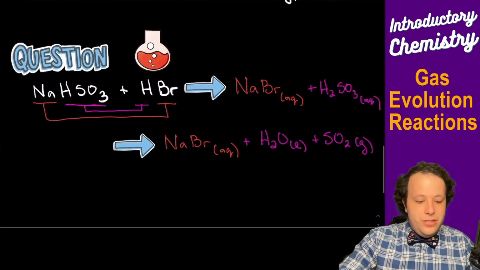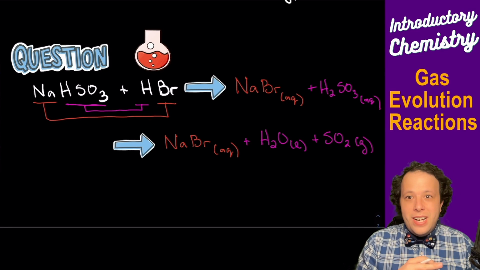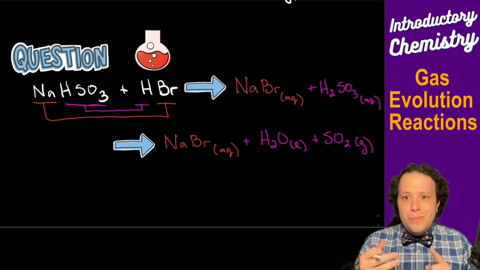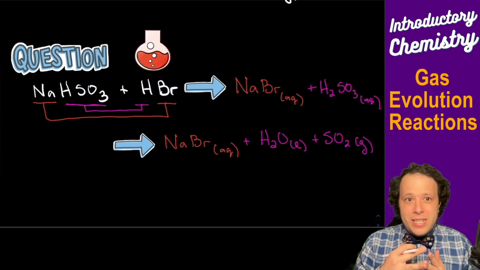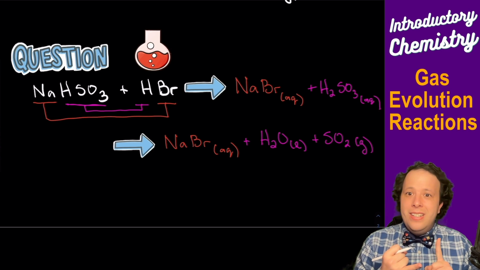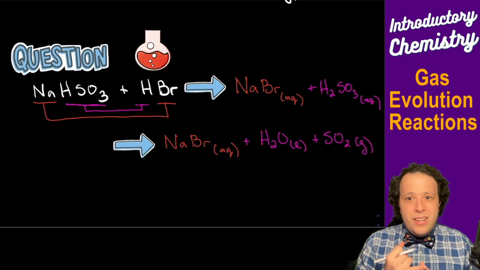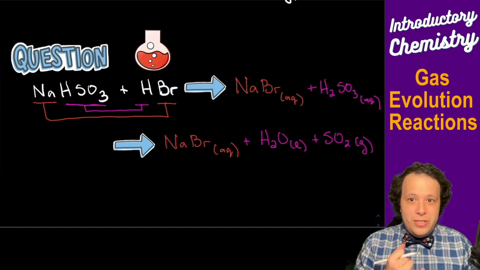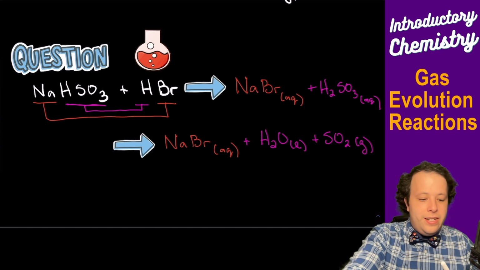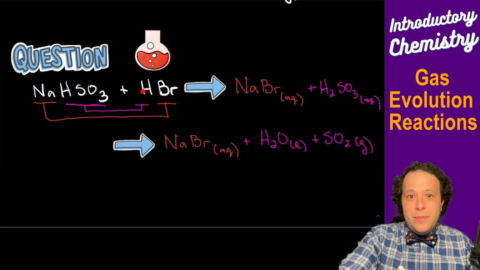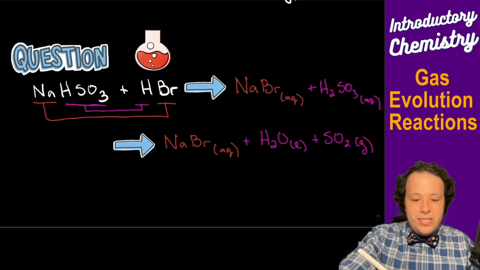So let's do that. If the beginning of this reaction said that two aqueous solutions are being mixed together, sodium bisulfite and HBr, the way that we can tell they're soluble is that alkali metals, so sodium, are always soluble. So this is aqueous. Bromides are always soluble with H, so this is also soluble.